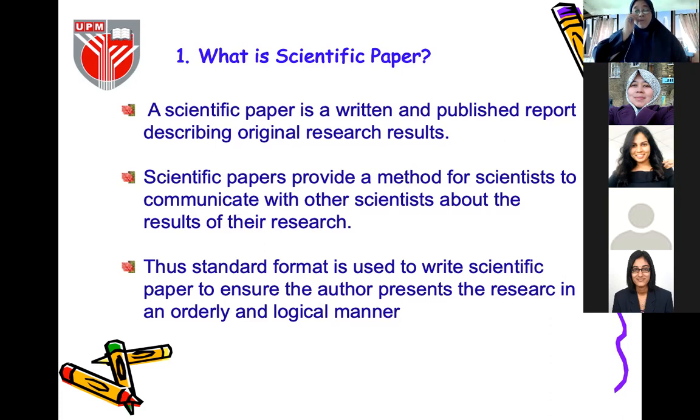Okay, so the standard format is used to write a scientific paper to ensure that the author presents the research in an orderly and logical manner. So for those scientists, we understand what should be in the scientific paper. It's like a common content that should be there. Let's say I'm searching for a new method that I find interesting. Whenever I have papers from researchers that I really admire, for example, then I know which part I want to look at in the scientific paper.